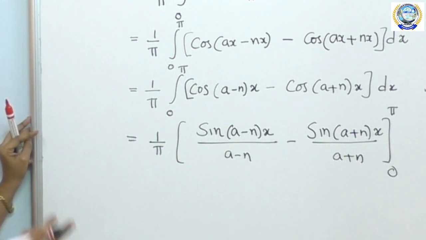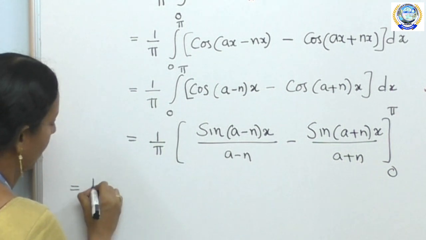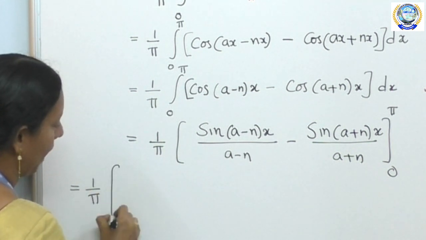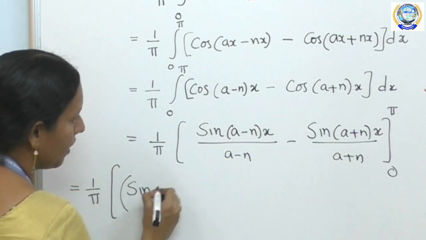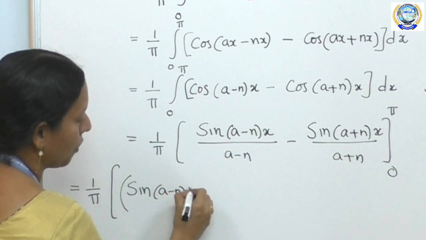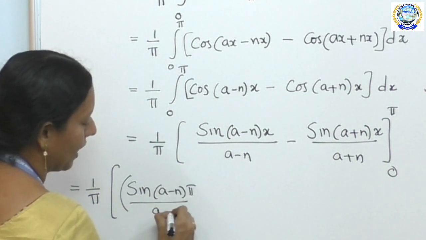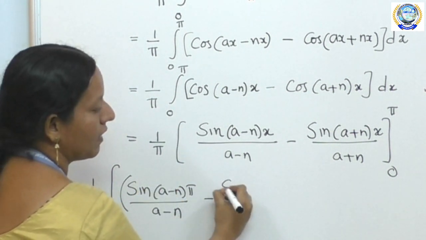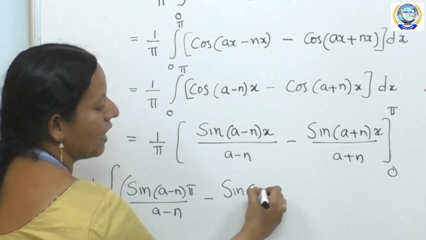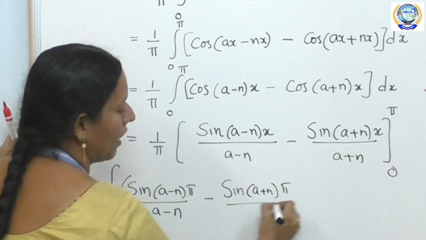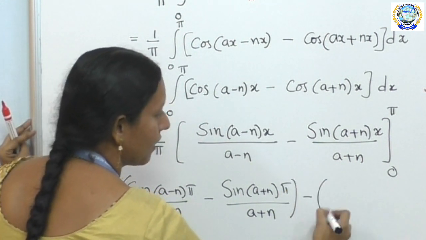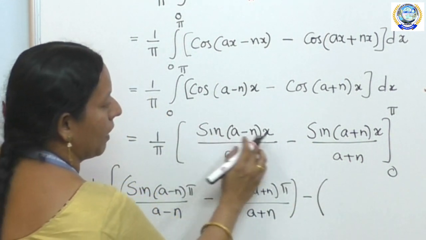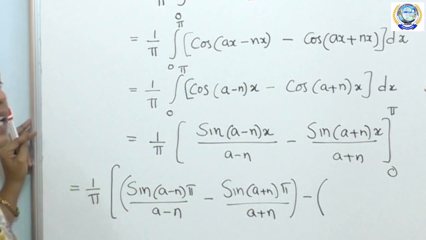Now, substitute the upper limit and lower limit. What we got? This equals 1 by pi, substituting the upper limit, sine (a minus n) into pi by (a minus n) minus sine (a plus n) into pi by (a plus n), minus substituting the lower limit, sine 0 by (a minus n).